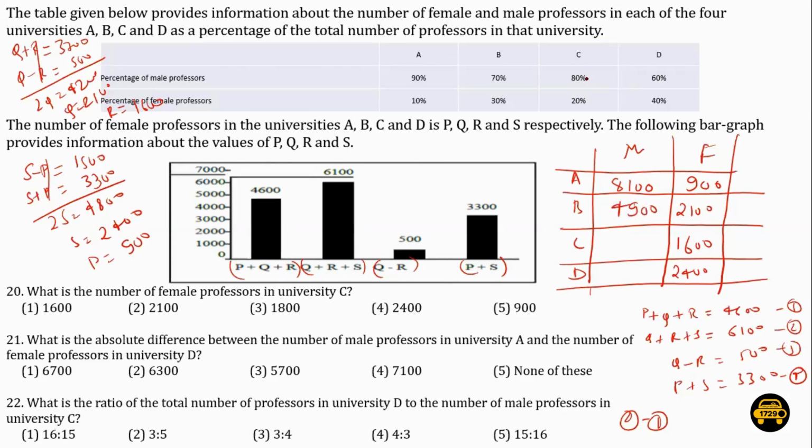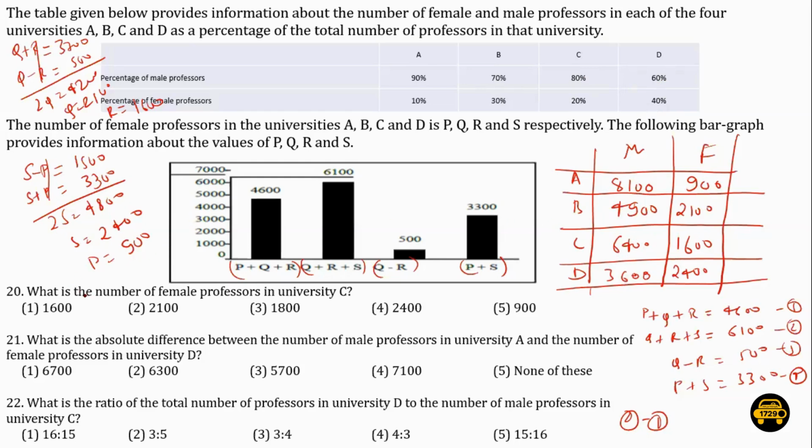Here it is 8:2 or 4:1. 1 is 1600, so 4 will become 4 times 1600, that is 6400. Now here it is 3:2. So 2x is 2400, so x will be 1200 and 3x will be 3600. So this will be the number of male and female professors across all the 4 universities.